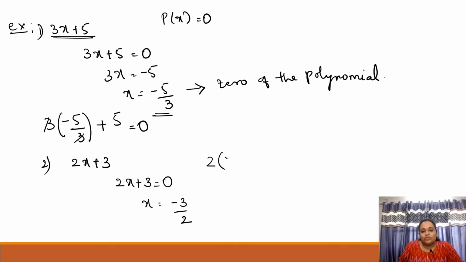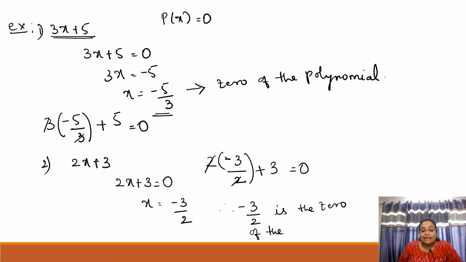That will be 2 into minus 3 by 2 plus 3. Minus 3 and plus 3 will be 0. Therefore, we can say minus 3 by 2 is the zero of the linear polynomial.